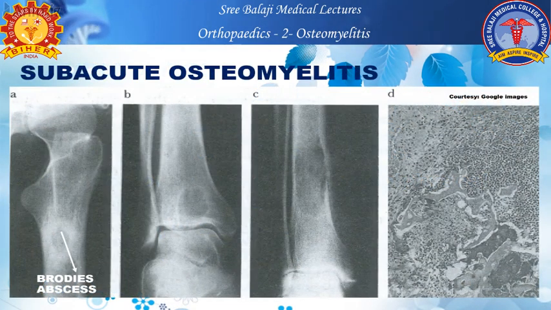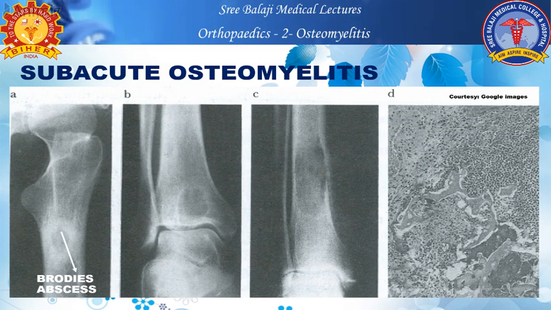Subacute osteomyelitis is caused by a less virulent organism or in a highly resistant host. The clinical features will not be as severe as in acute pyogenic osteomyelitis. The patient may have mild pain and mild fever, and swelling and mild tenderness will be there.